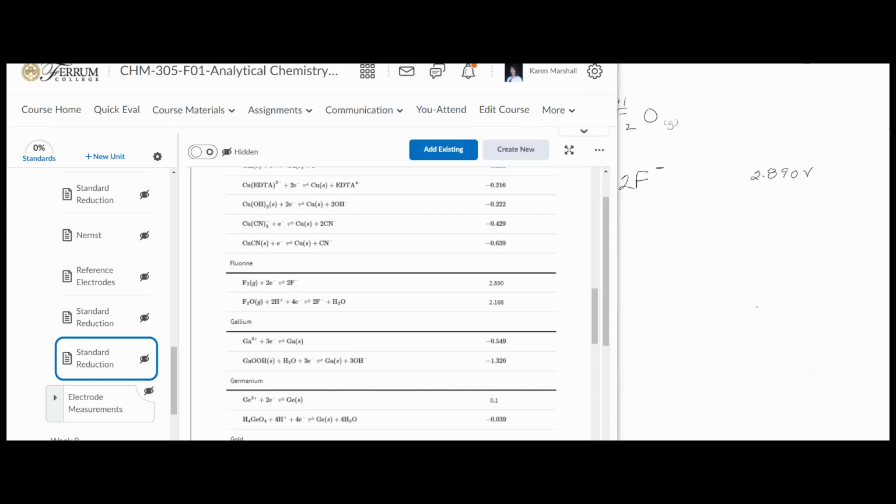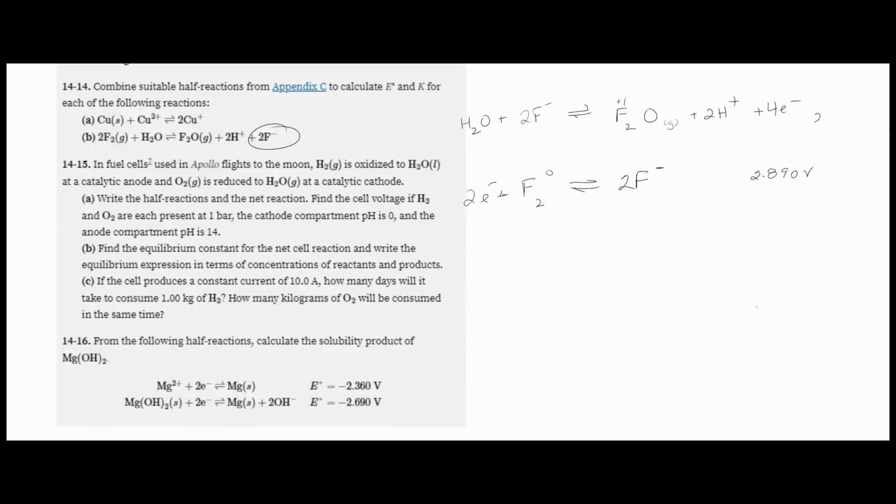So I had my first equation wrong, so doing it this way is a great double check. And that standard reduction potential is 2.168 volts.